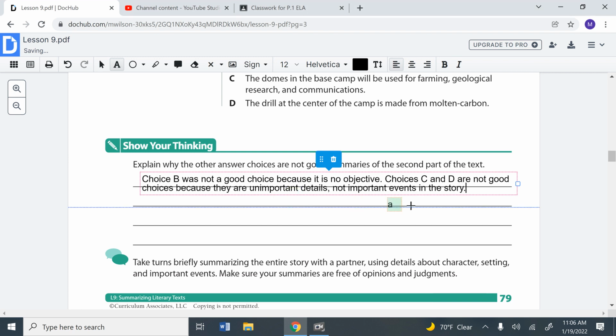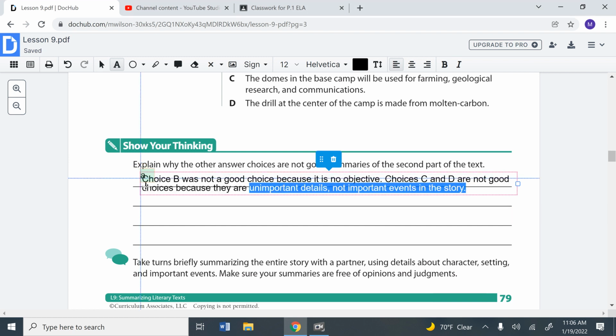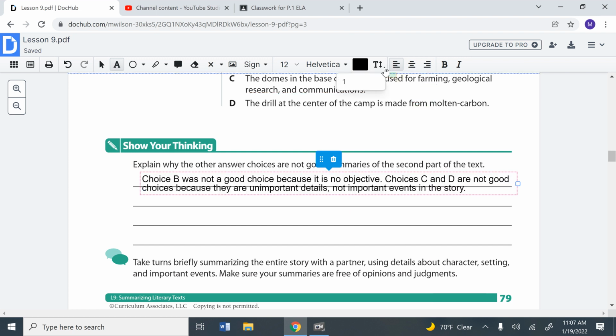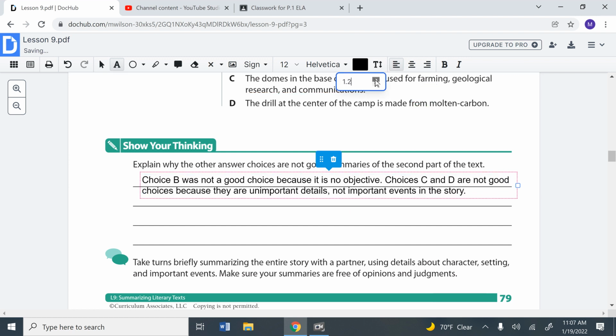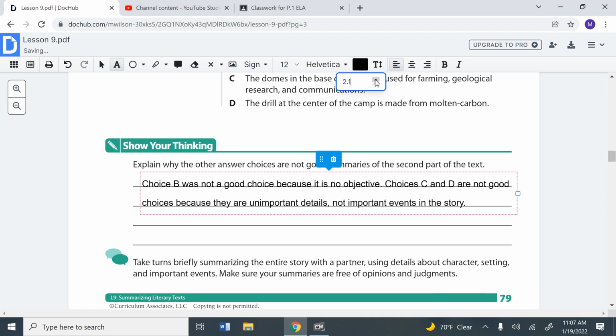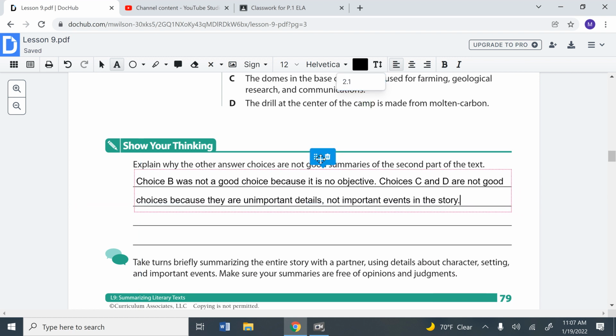So that's what you would go ahead and type. Let me go ahead and fix this a little bit so that you guys can see it. And then go ahead and pause your video and make sure that you write in the correct answer.